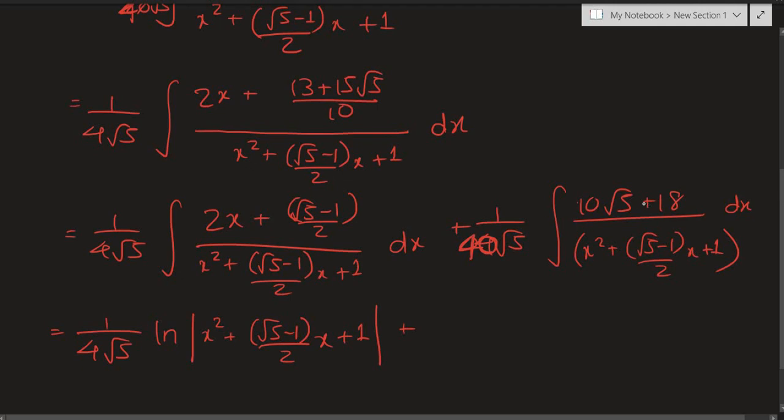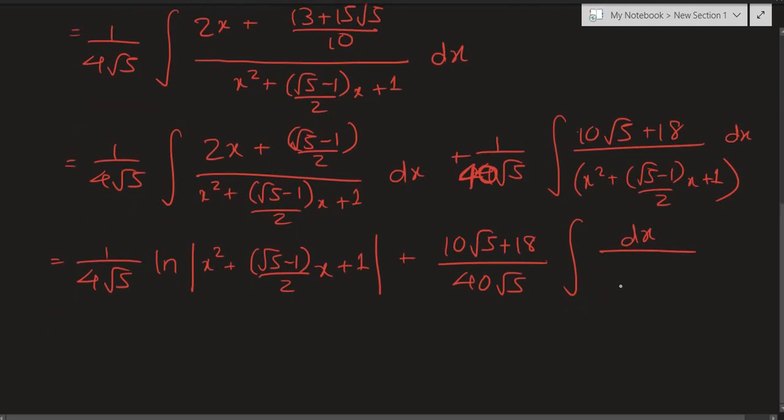So we can actually bring it out of the integration. So we have 10 root 5 plus 18 divided by 40 root 5 times dx over, let's complete the square here and let's see if we can use some other properties.